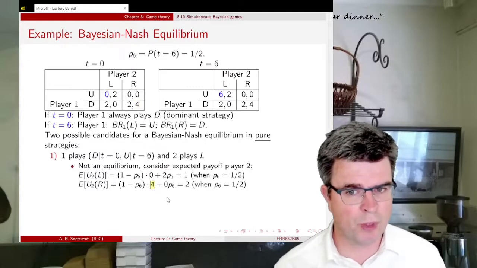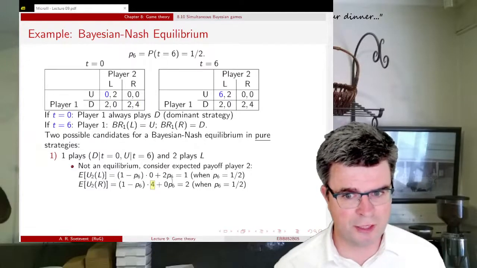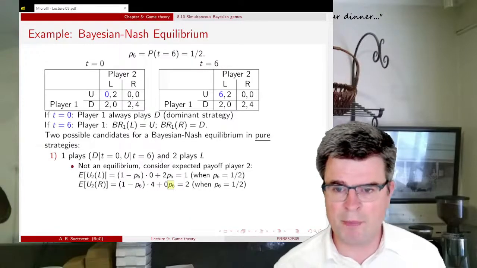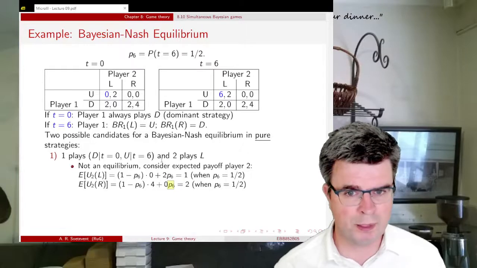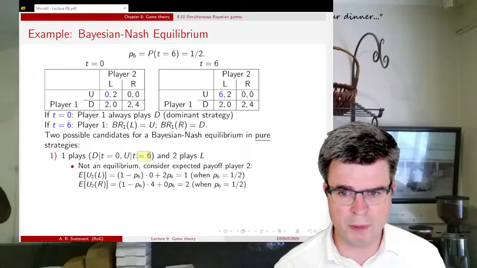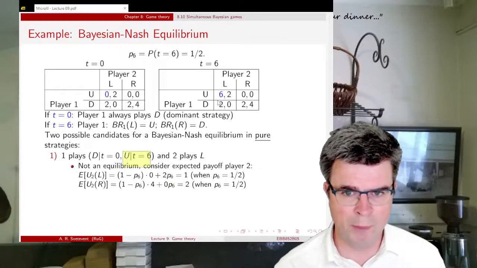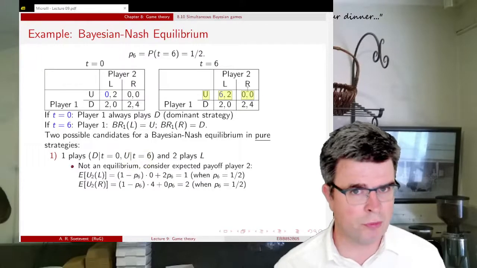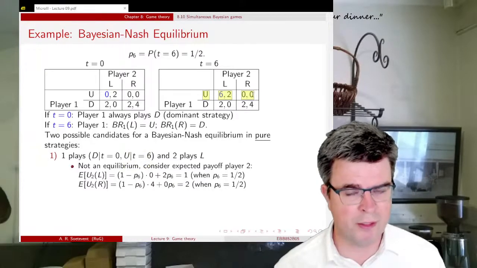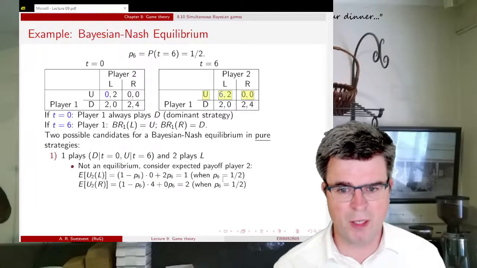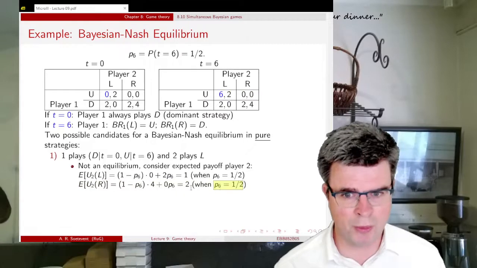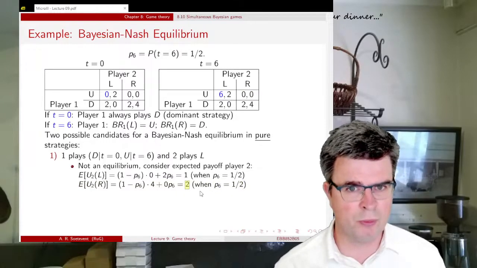However, if player 1 is of type T is 6, which happens with probability P6, then the payoff to player 2 is 0, because then player 1 will play up. Well, if player 1 plays up, then the payoff to player 2 of playing right is 0. And the expected payoff, if we again assume that P6 is equal to 1/2, is equal to 2.